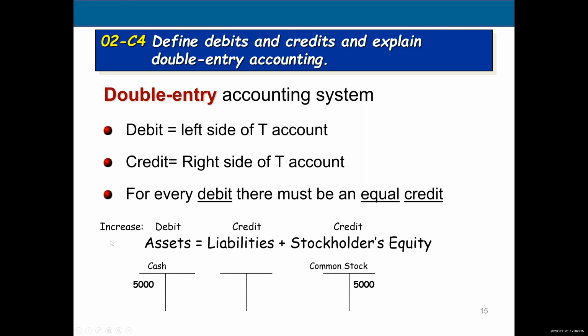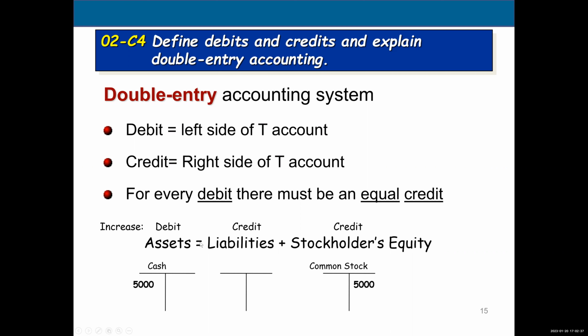Well, we know that if the business receives cash of $5,000, cash is increased. In the debit and credit system, assets are increased with a debit. So we would put that increase in cash on the debit side of the cash T account.